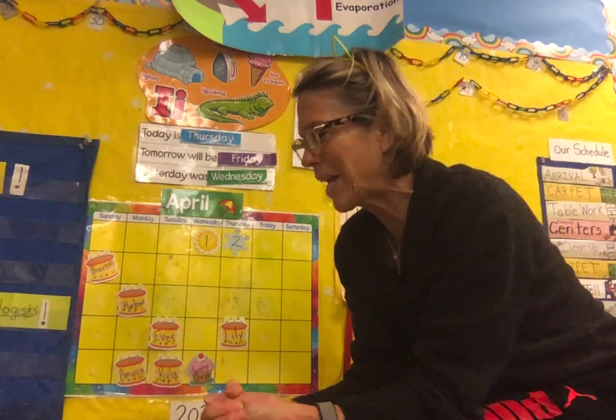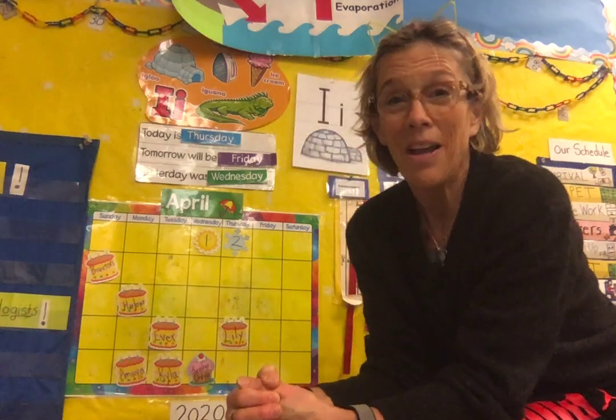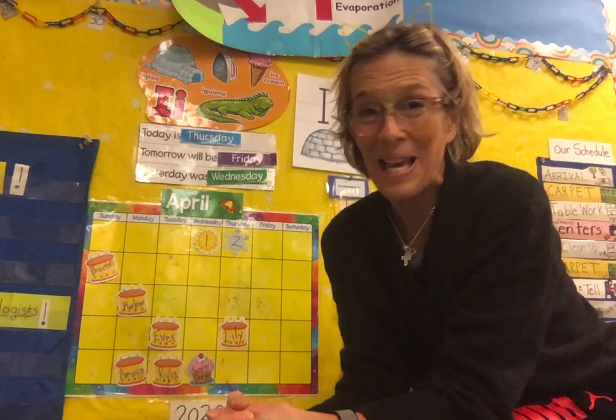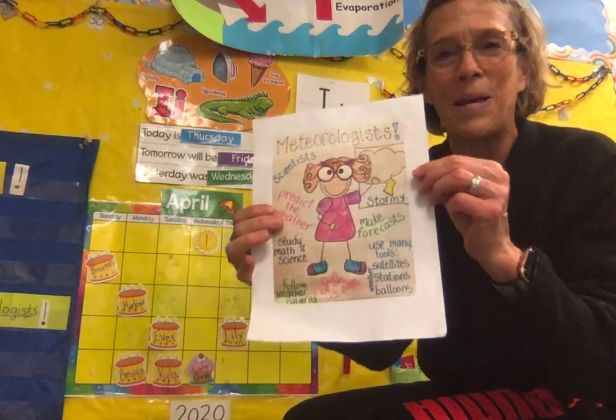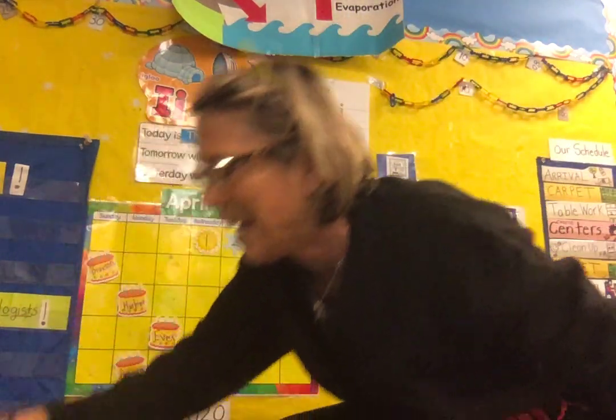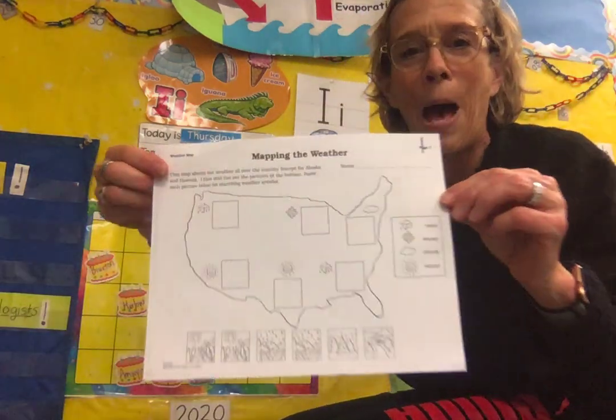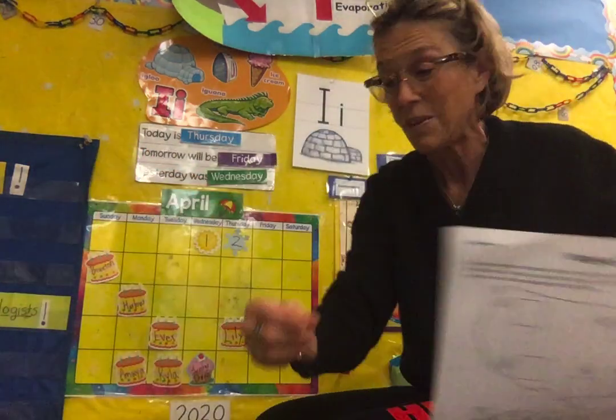Alrighty, guys. In our next video, we're going to learn all about being a meteorologist. So, I would like you to get out this piece of paper from your packet about being a meteorologist. And then you'll need the map with some weather pictures.